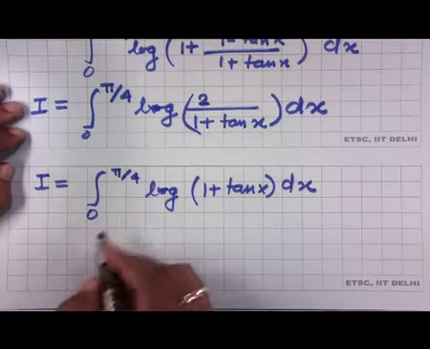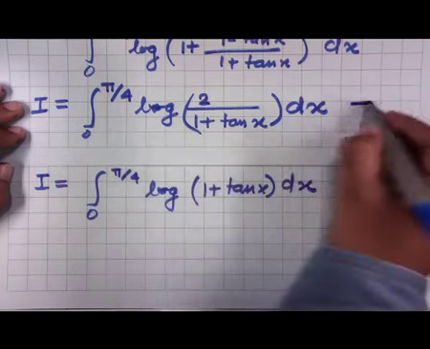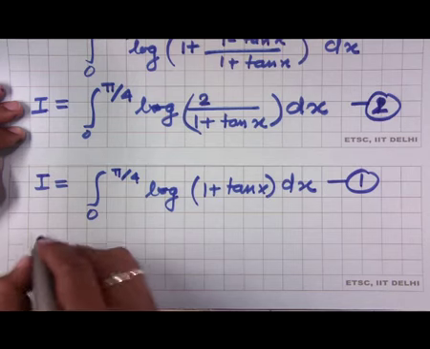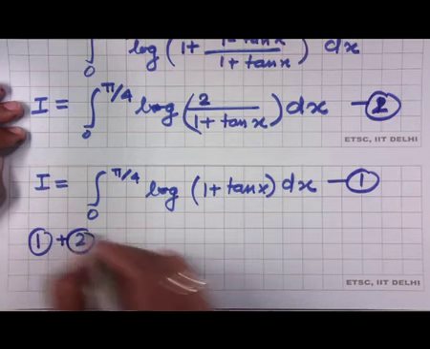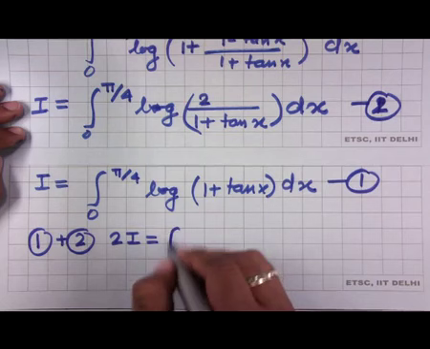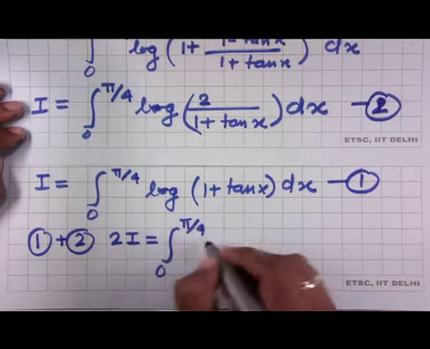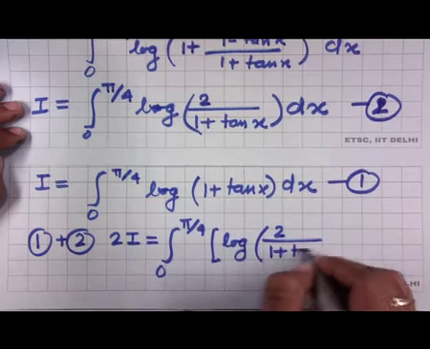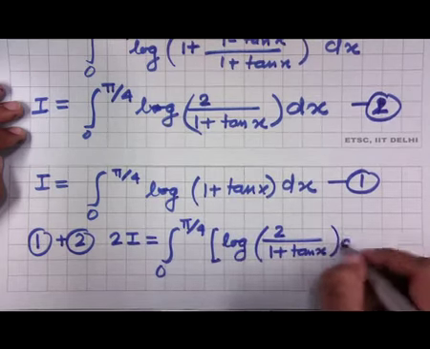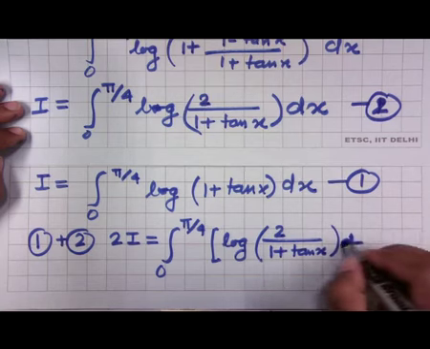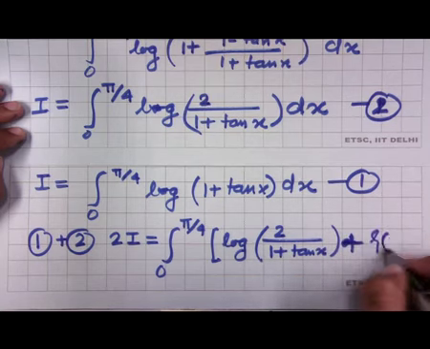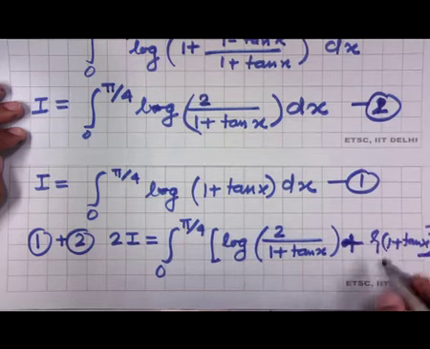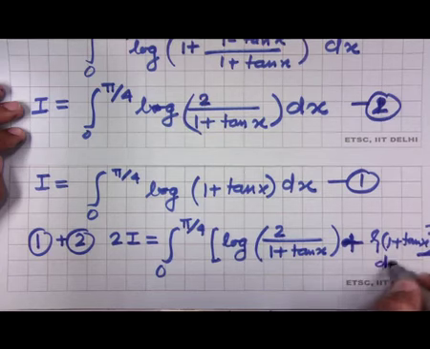Now say this is equation 2, and this was your earlier equation 1. If you sum 1 and 2, you get twice of I is equal to 0 to pi by 4 log of 2 upon 1 plus tan x plus log of 1 plus tan x dx.